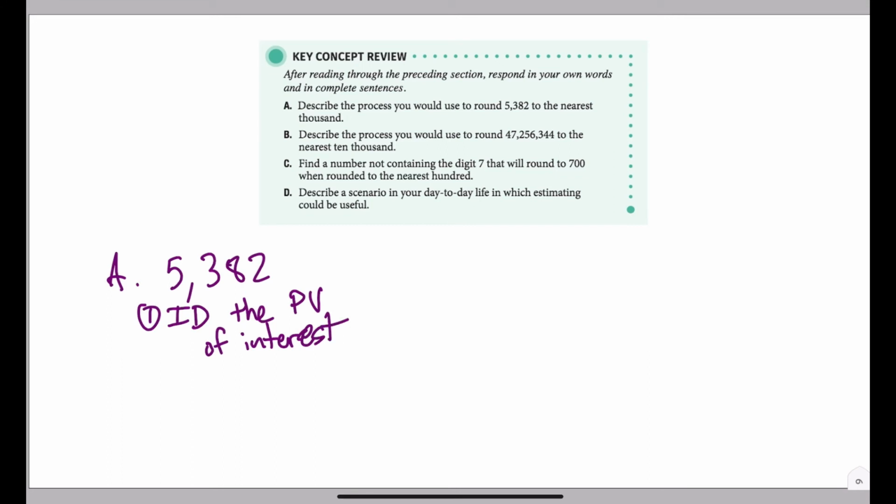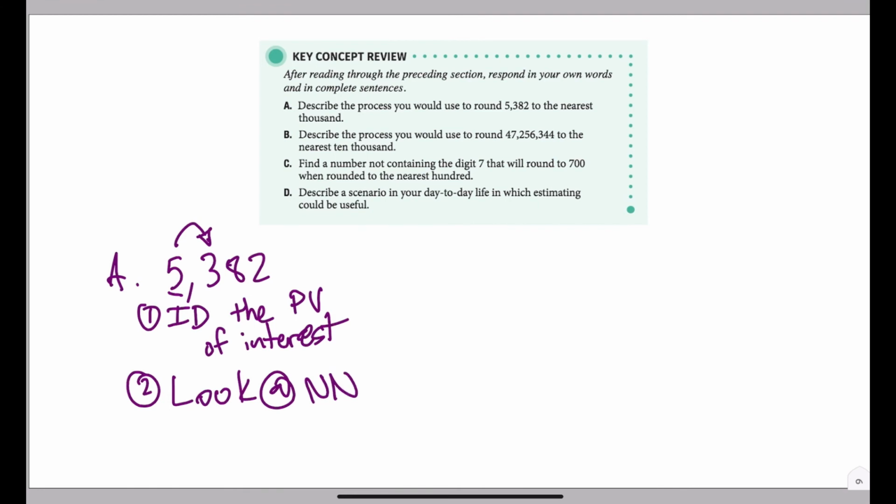So in this case, it's to the nearest thousand. Well, the thousands place has a 5 in it. But that number doesn't really have much to do with rounding. It's the neighbor number. It's the 3, the number to the right of the place value of interest, that we really use to make our decision. So look at the neighbor number.